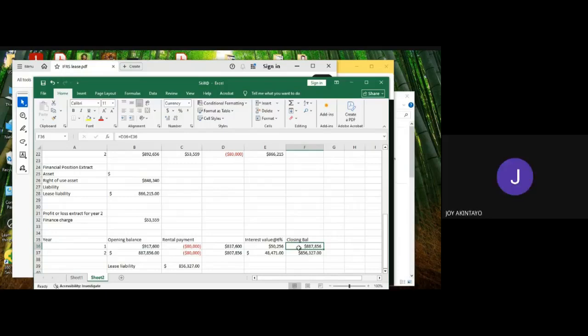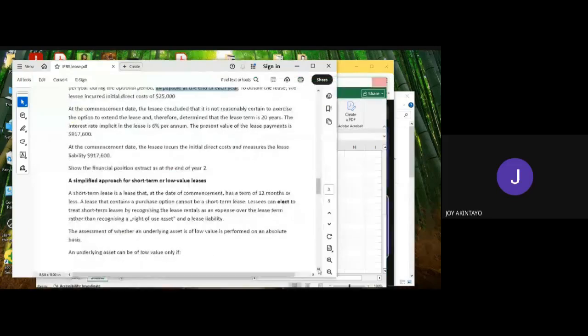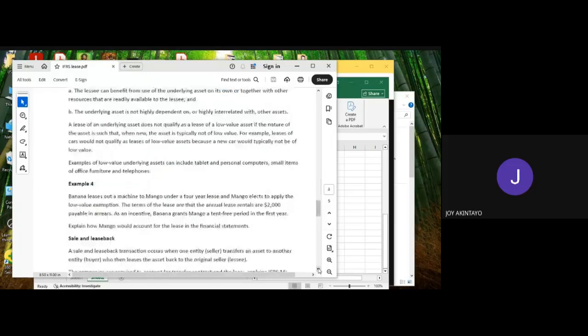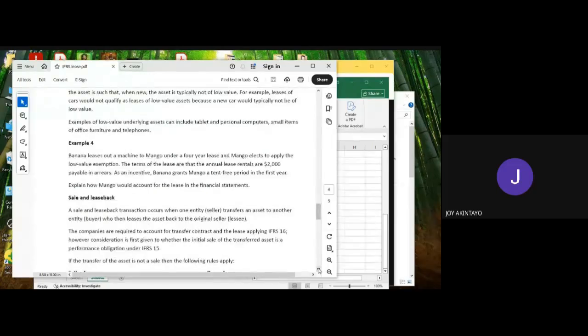So on Sunday we can conclude this because the time has gone. We will look at a simplified approach when there is a short-term or low-value lease. Then we will also look at sale and leaseback, whereby you've made your sale, then you get the asset back in the form of a lease.